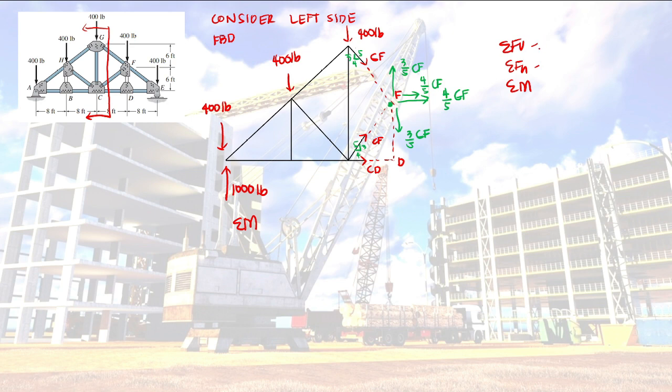Pag vertical, how many unknowns? So you have CF and GF. Pag horizontal, you have CF, GF, and CD. Sorry, we still have the component of CD, which is here at the end. So, CD. So, we have how many unknowns?